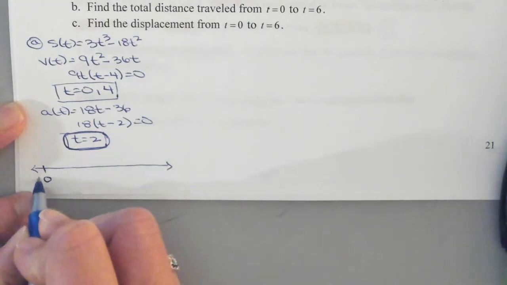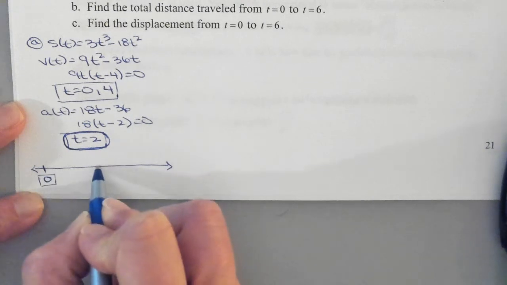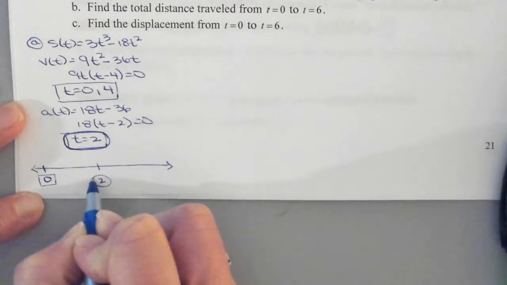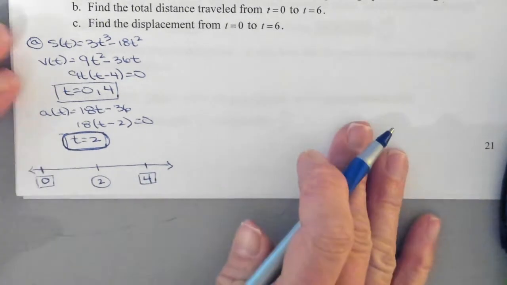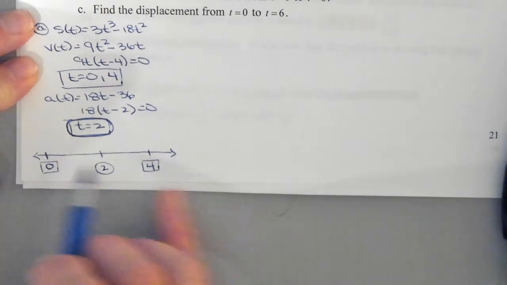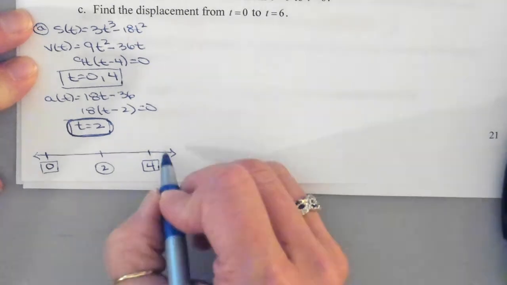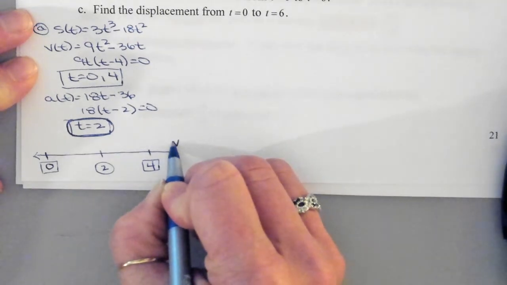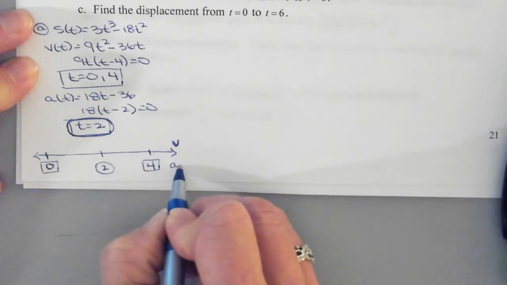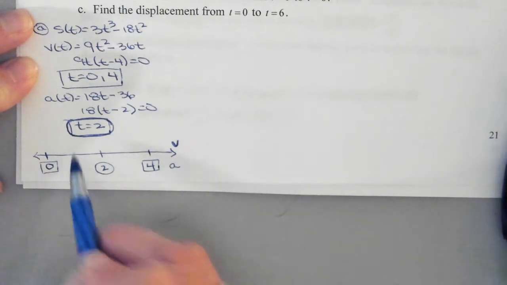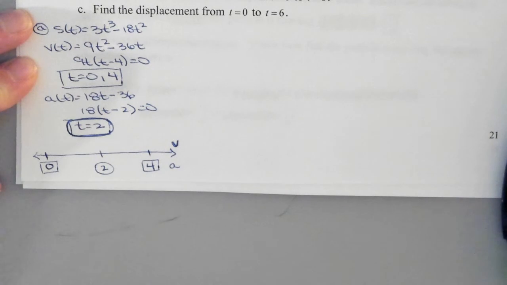So 0 is a velocity, 2 is an acceleration, 4 is a velocity. I'm just putting these on here so you know where they come from. On the top, I'm going to evaluate my velocity intervals, and on the bottom, my acceleration, so when I have them, I can compare the signs, top and bottom. That way, if you have two number lines, you can look at it all on the same thing.